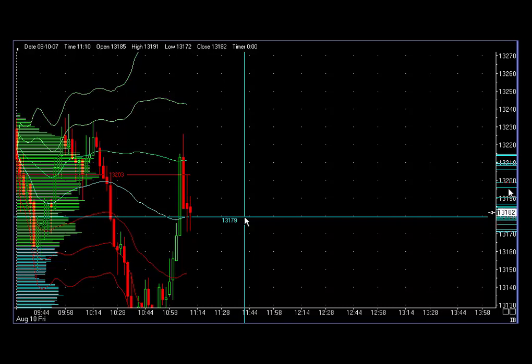We'll see whether or not prices will move below the VWAP and then retrace and then move back down again. So far nothing's really happening. You just get oscillations.